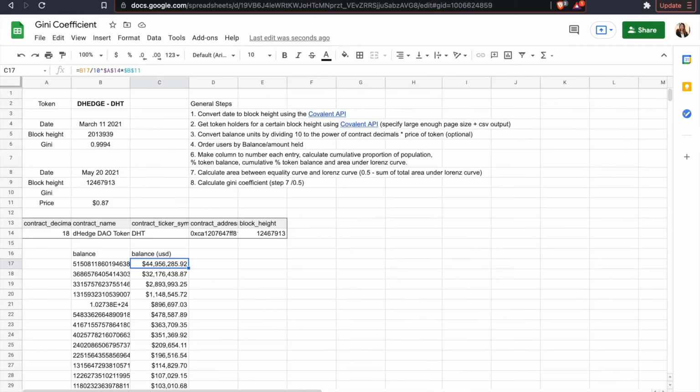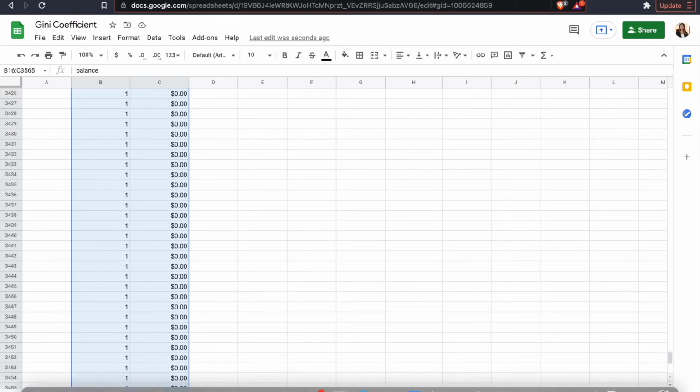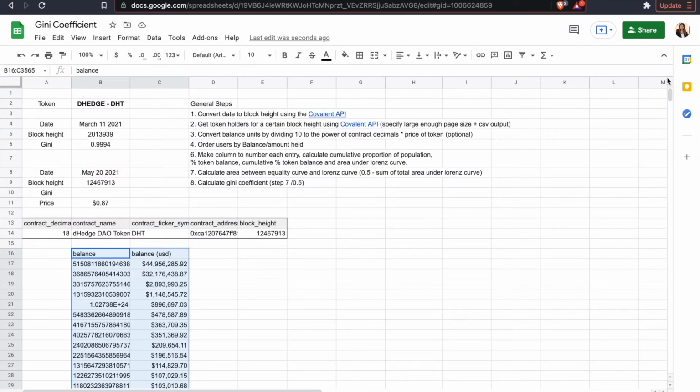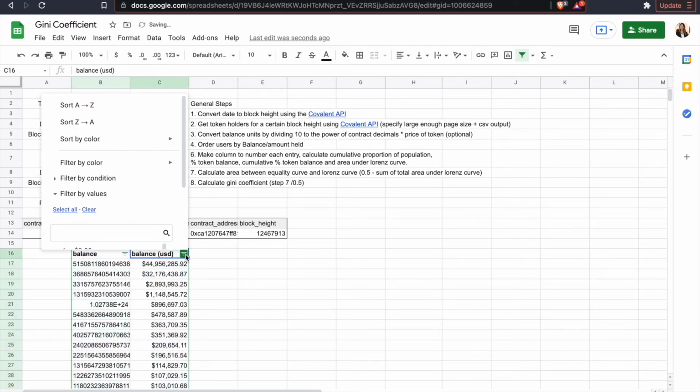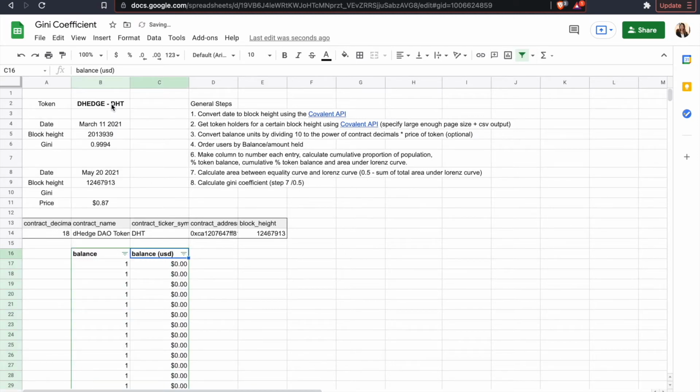So let's get into that. Firstly, we need it cumulatively, so we actually want to order the balance from lowest to highest, so we can calculate what the cumulative numbers are. So you can see that here.